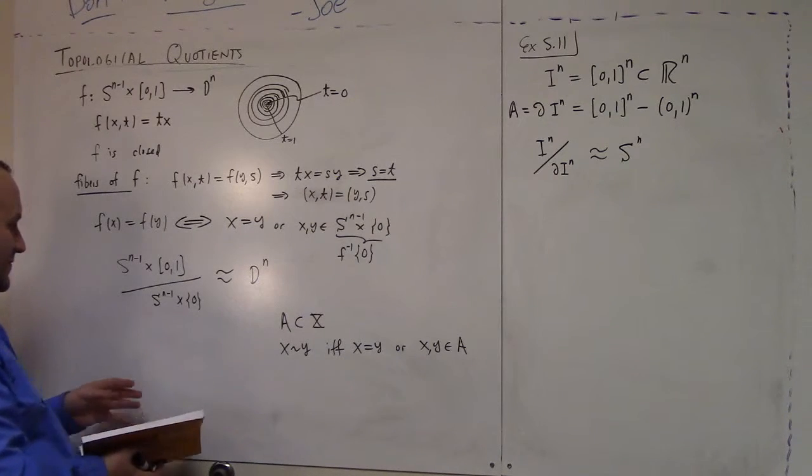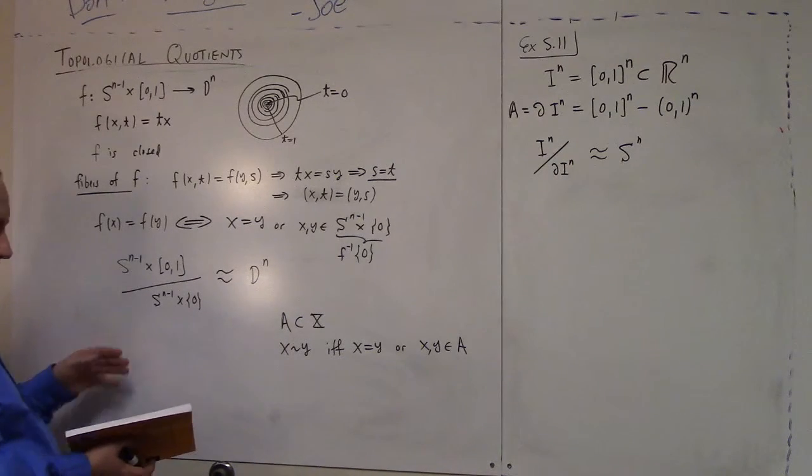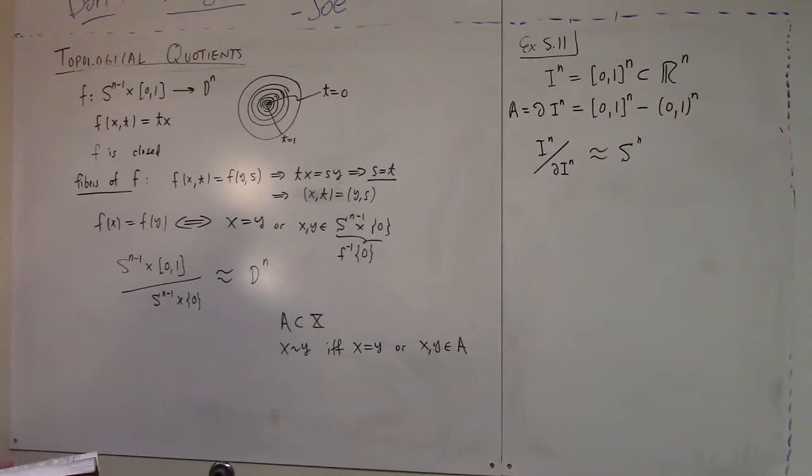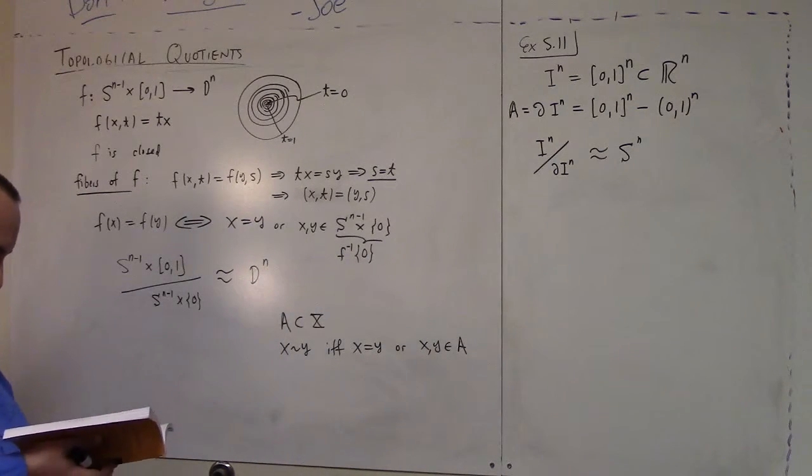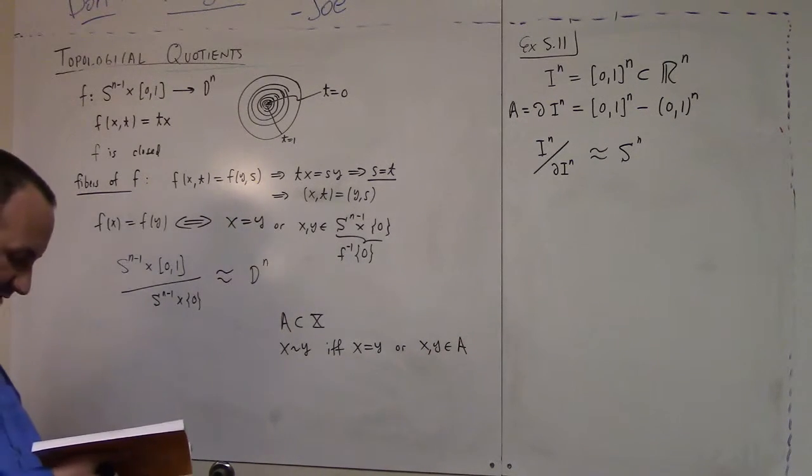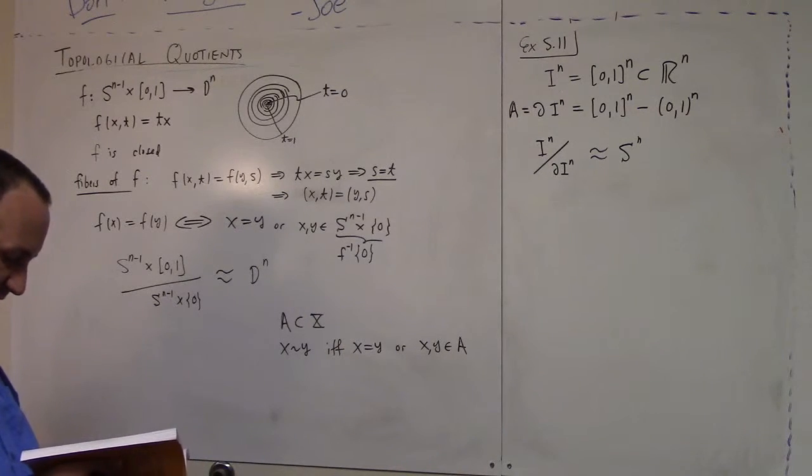How do you get from there to the sphere? And we saw in example 5.7, oh, there's the 5.7, that there's an identification of D^n to S^n contracting the ball's boundary to a point.